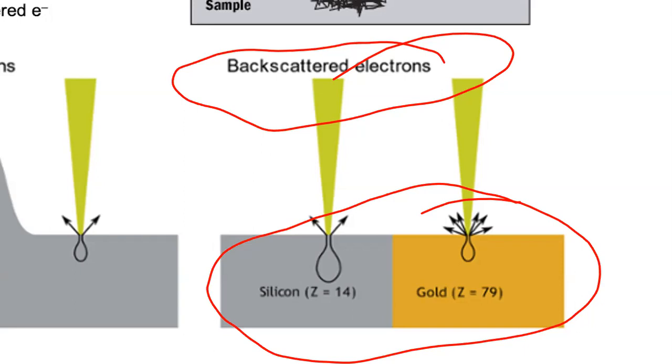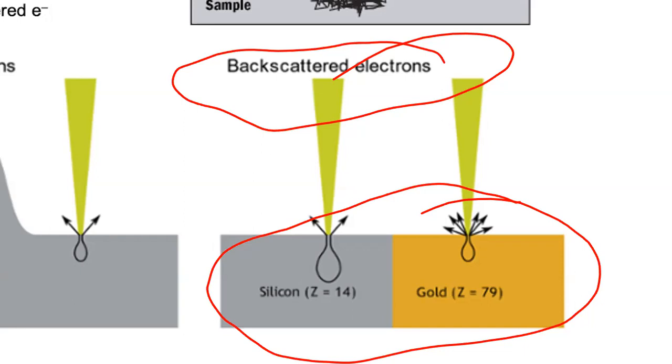So you can see that silicon has Z equal to 14 and gold has Z equal to 79. One interesting thing: for gold the interaction volume is smaller, and for silicon it is larger. Silicon has a lower atomic number, so every atom has 14 electrons in comparison to 79 electrons for every gold atom.